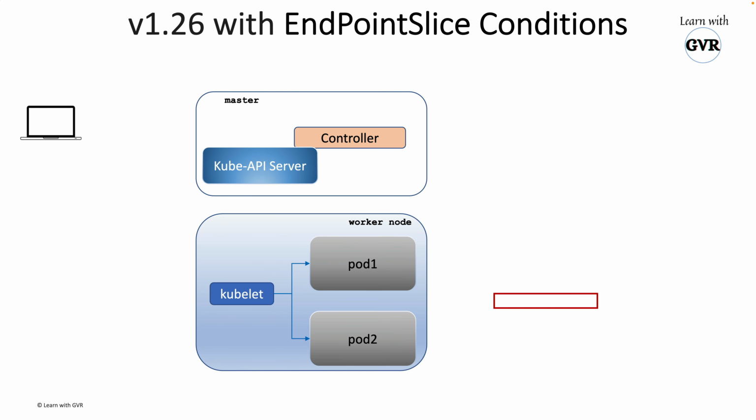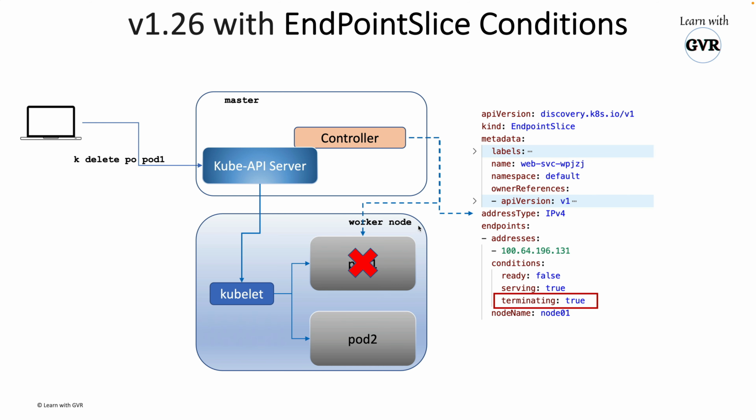Now next, the same thing: you run kubectl delete pod 1. I want to delete this pod. The kube-apiserver instructs the kubelet to go and delete this particular pod. Then the admission controller takes the details and references and updates the endpoint slice, saying this pod is terminating equal to true and ready equal to false.